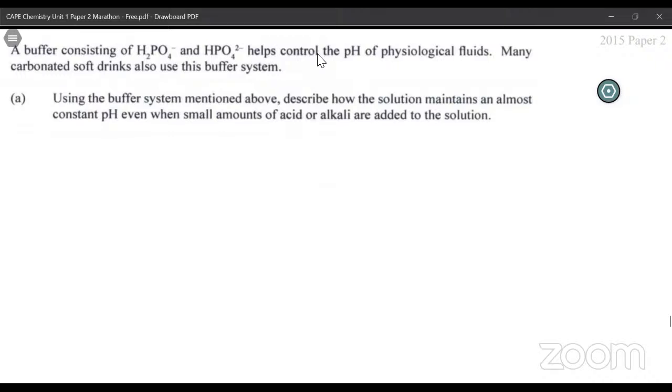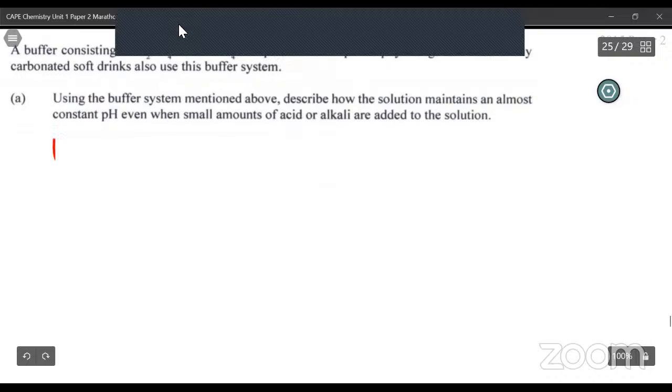So here, let's deal with the acid part first. When you add small amounts of acid, you're practically adding H plus ions to the solution, right? Let me write this properly. You're given HPO4 2 minus in its aqueous state.